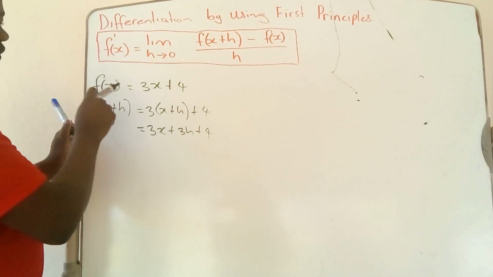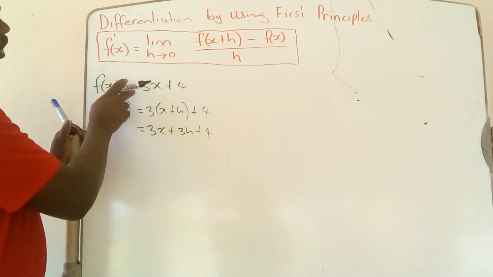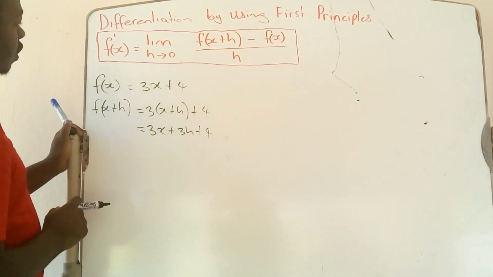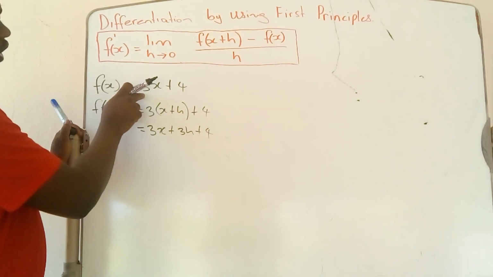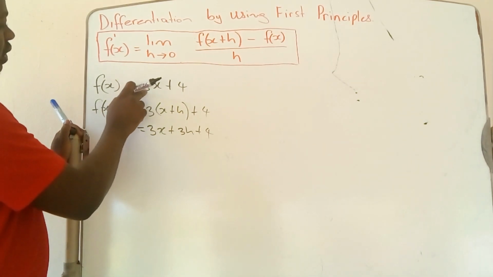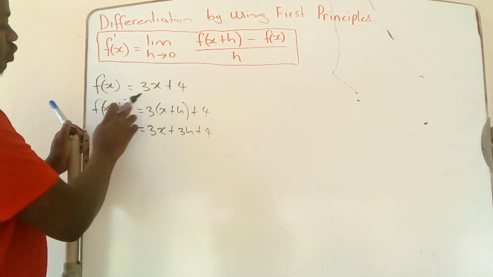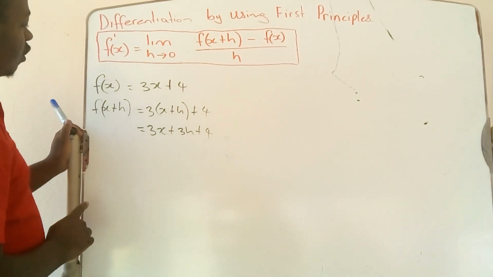Now, if you differentiate this function here using the power rule, all you will get is just 3. So we know that when we finish with this, we should get 3 for our answer.